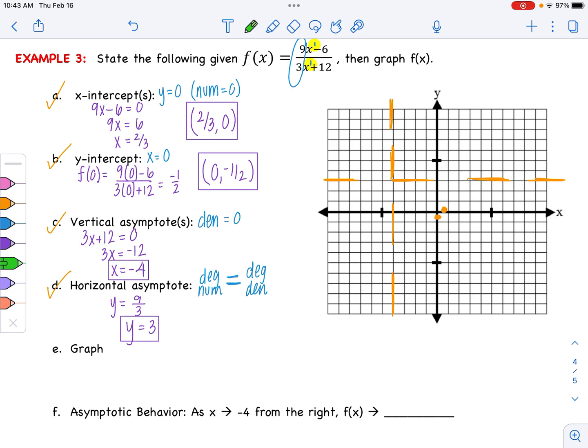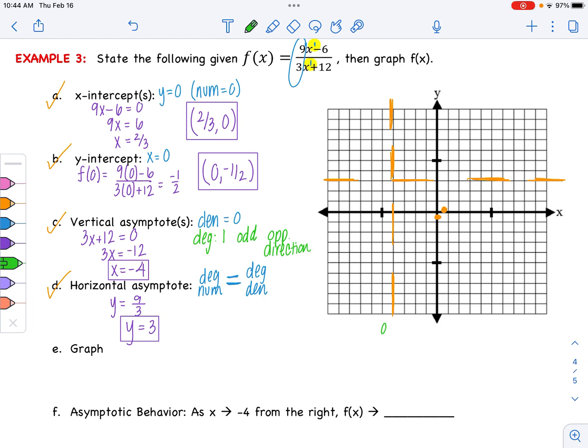And then here's where I like to look at the behavior at your asymptote. It is going to be the behavior at the vertical asymptote, which tells me to look at the bottom. So looking at the bottom, I look at the degree. The degree is 1. So since it's 1, that's odd. I should approach it in opposite directions.